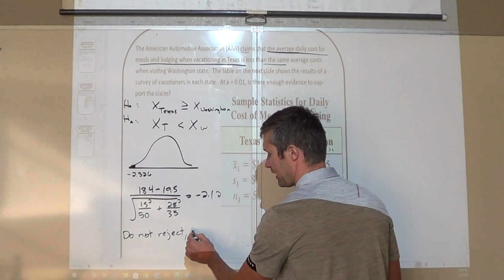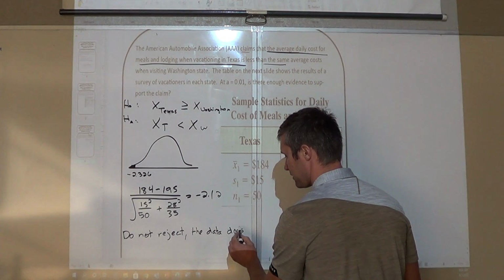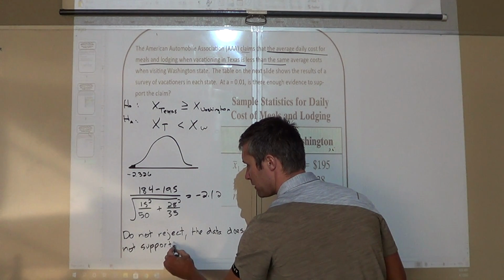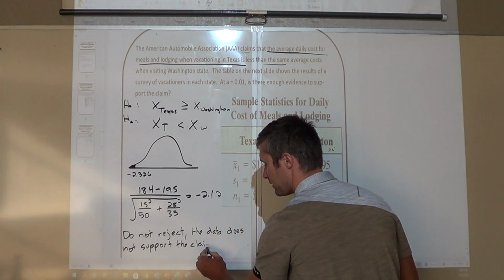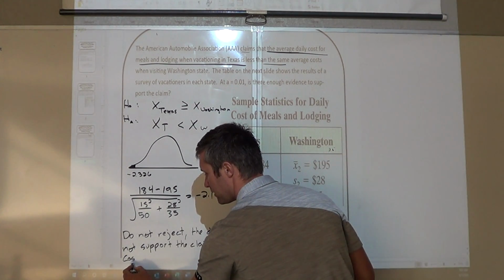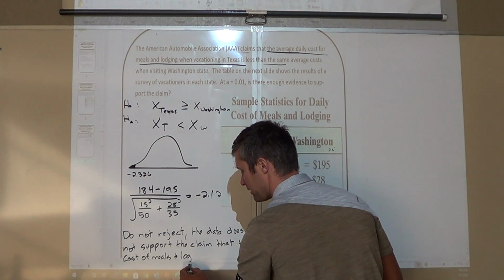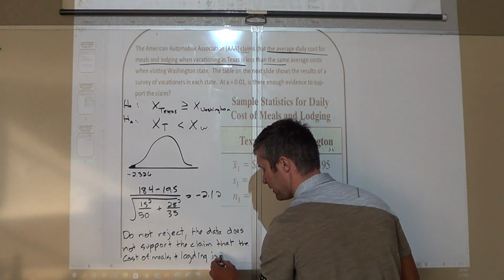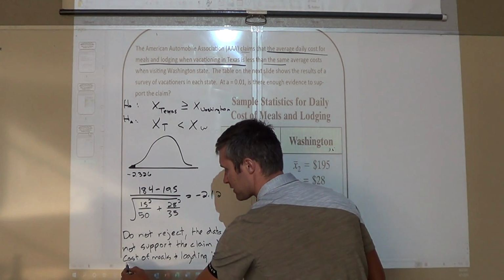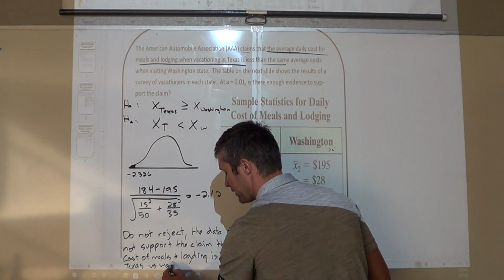So again, the data does not support the claim that the cost of meals and lodging is less in Texas versus Washington. So that's what I want to see.